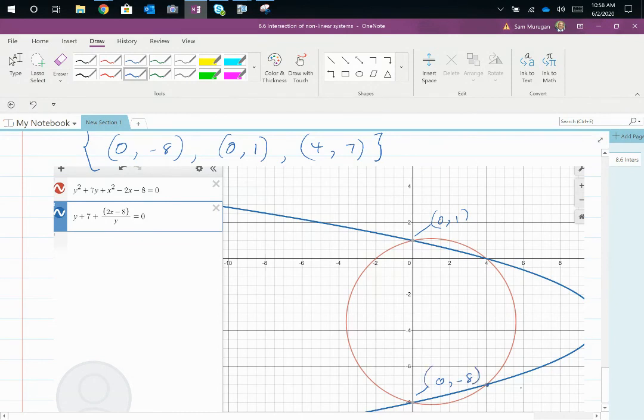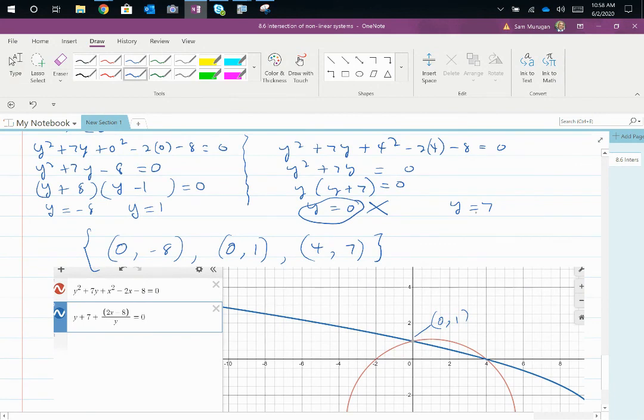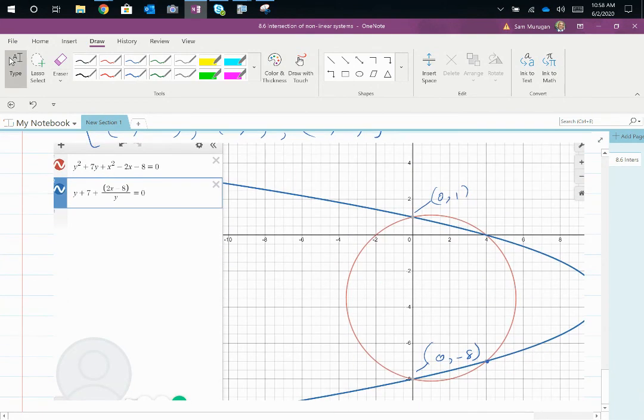Our third solution is at, I'm sorry, this is 4 and negative 7, my bad. 4 and negative 7. And this solution here does not exist because y cannot equal 0. So that solution doesn't exist.